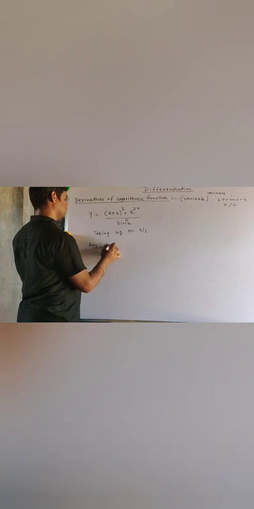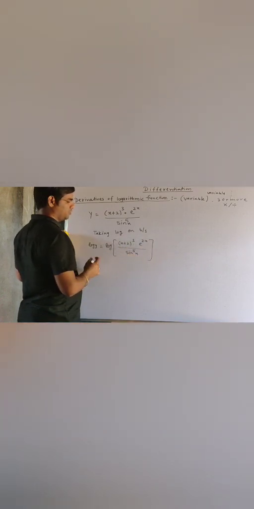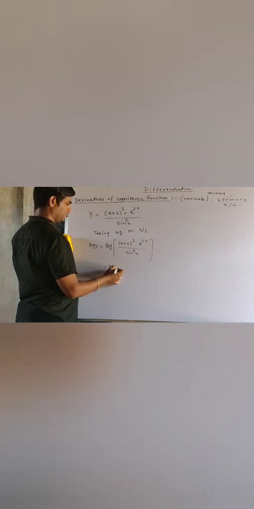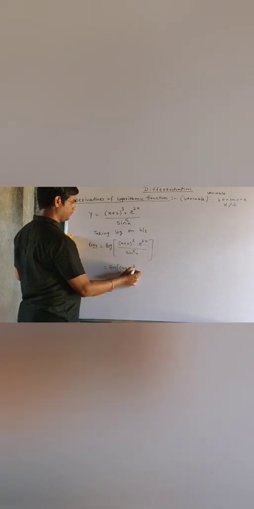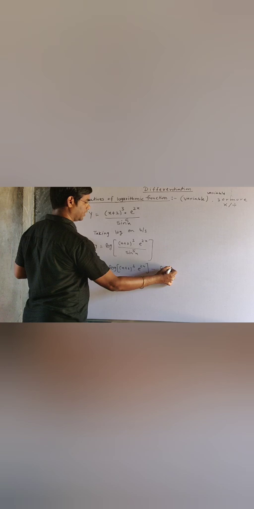Apply log on both sides: log of x plus 2 raised to 3 into e raised to 2x upon sin x raised to 5. First you apply the division rule of logarithm. For division there should be a negative sign. So it is log of x plus 2 raised to 3 into e raised to 2x, minus log of sin x raised to 5.